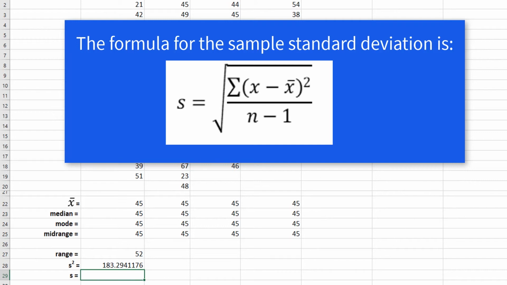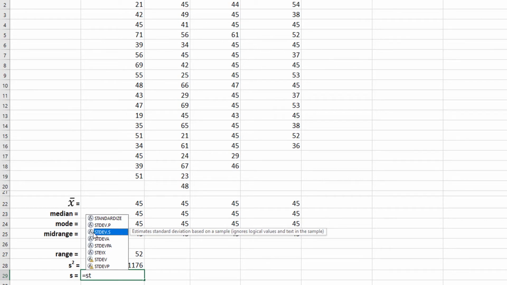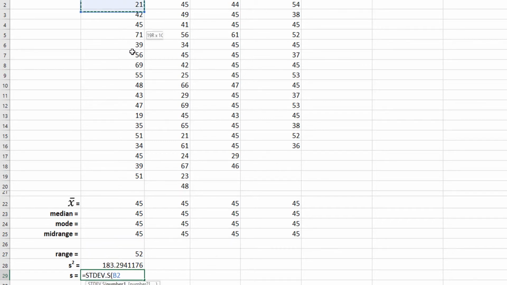So I'm going to type in equals, standard, ST, and here we have stdev.p. Well, that's population. We're not working with a population. We're working with a sample. So stdev.s for sample. I grab the first one and go down past the last one. Closing parenthesis, press enter.